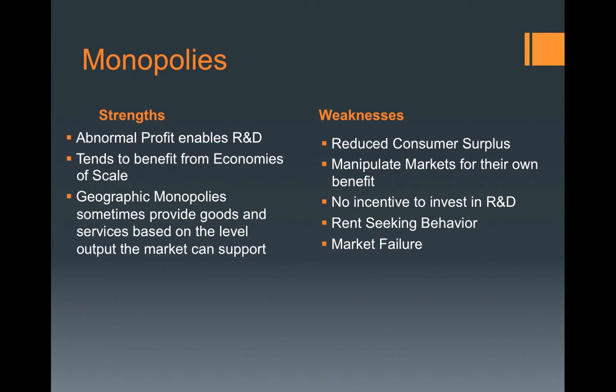So geographic monopolies aren't necessarily impacting the market negatively. I mean, yes, they probably have high prices as they're in the middle of a desert, and they have high transportation costs, but consumers will go and buy those goods and services because they're available, and maybe they need gas or maybe they need water while they're driving through.